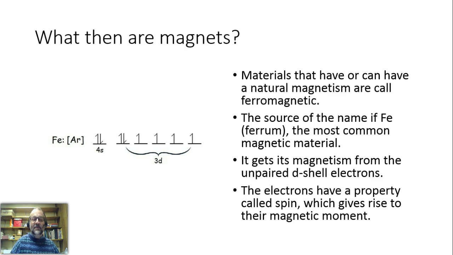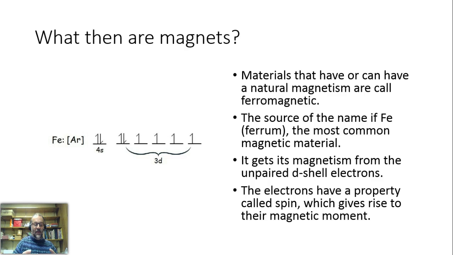Iron is magnetic, or can be made into a magnet relatively easily, because iron has several unpaired d shell electrons. What does this mean? Paired electrons create a magnetic field that looks like this, and a magnetic field that looks like this, and essentially they give rise to no net magnetism. But in the d shell of iron, you have these four unpaired electrons that give rise to a magnetic field.